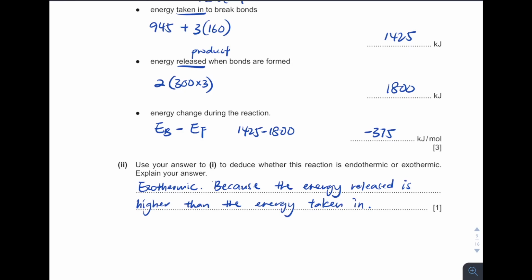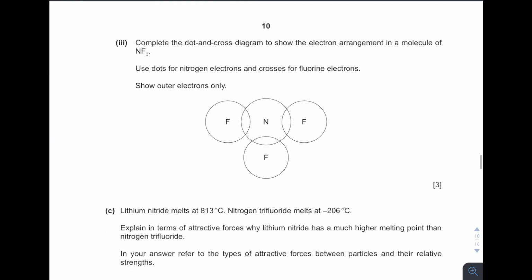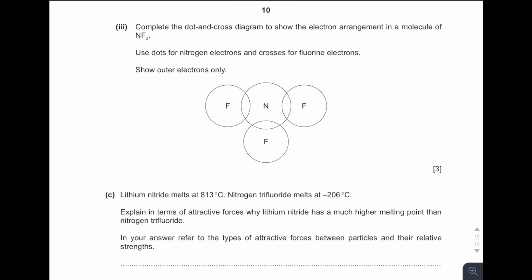Then drawing of covalent compound again. You see how to draw this. Fluorine, we know it's 2,7, nitrogen 2,5. Fluorine, 2,7, needs 1 more electron to become stable, so it can only share 1 electron. Nitrogen needs 3 more electrons, so it can only share 3 electrons.